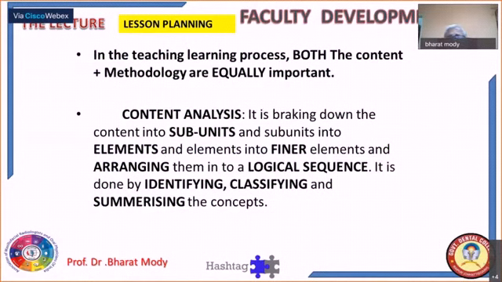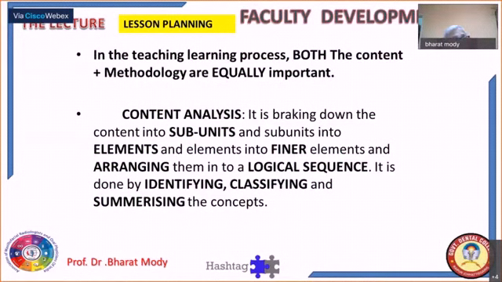So what is the lesson plan? A lesson plan basically contains two things. One is the content and the other is the methodology. The methodology is any one of the methodologies which we can utilize, what we have already discussed. Content is something which we have to break down from a central unit to a subunit to elements to finer units.